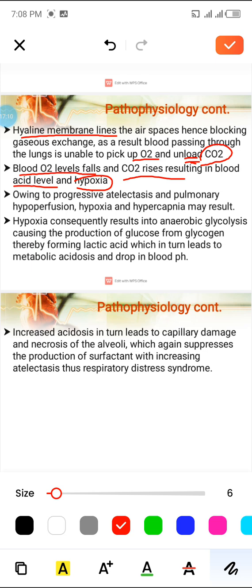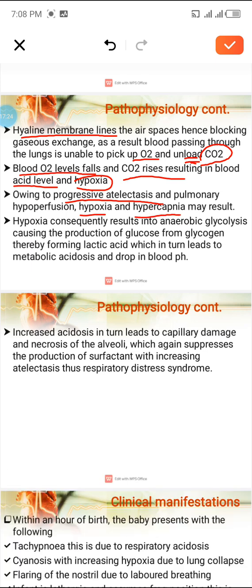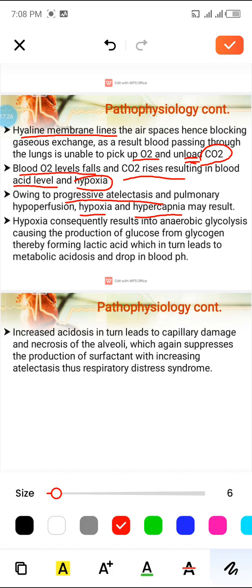Then the child will have atelectasis. Atelectasis, like I said earlier, is lung collapse. So if a child has lung collapse, the child will continue having hypoxia and hypercapnia, meaning that it will be breathing extensively, and carbon dioxide will still rise in the body.